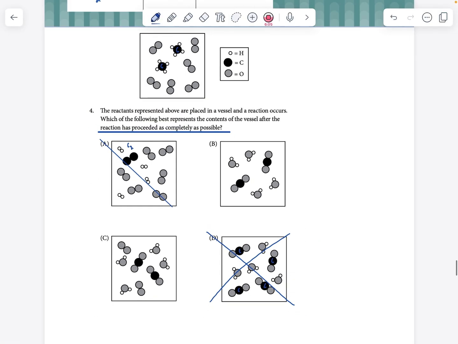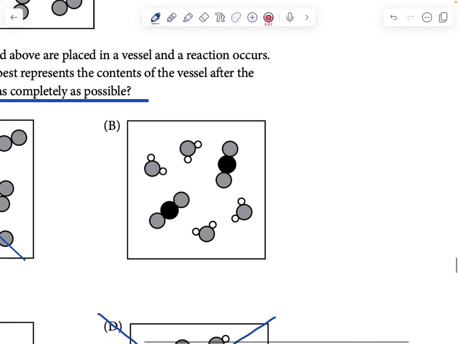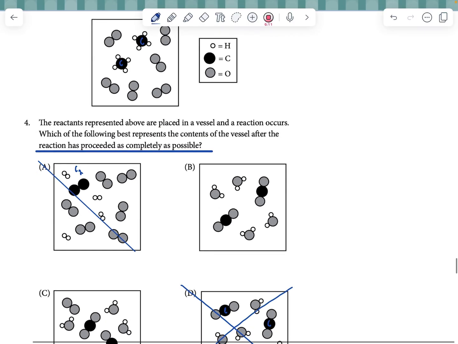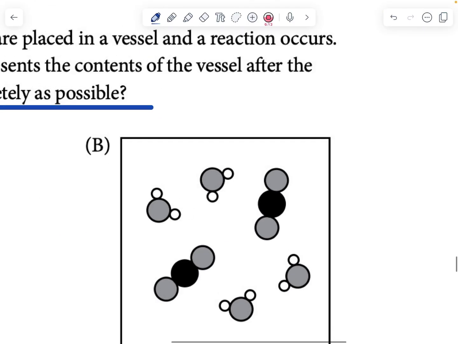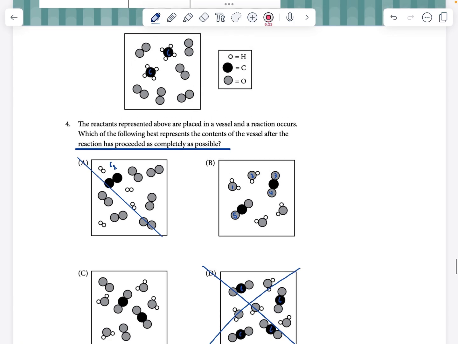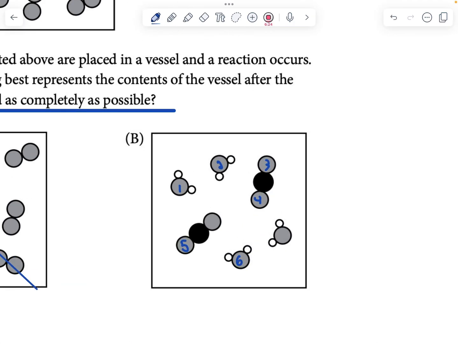Well, this reaction looks like it's gone to completion because we have CO2 and H2O, but we are missing some things. If we look, we only have 1, 2, 3, 4, 5, 6, 7 and 8. Right?